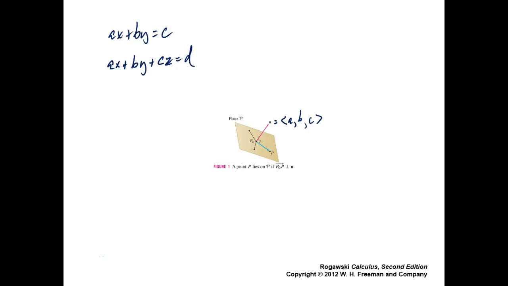That is orthogonal to P. Such a vector is called a normal vector. That's why they give it the symbol n. And for those of you who have had physics or are currently taking physics, you talked about normal vectors to planes lots of times in physics.